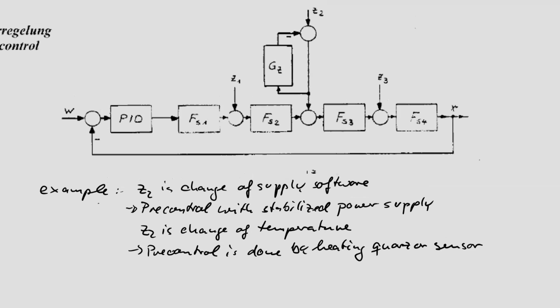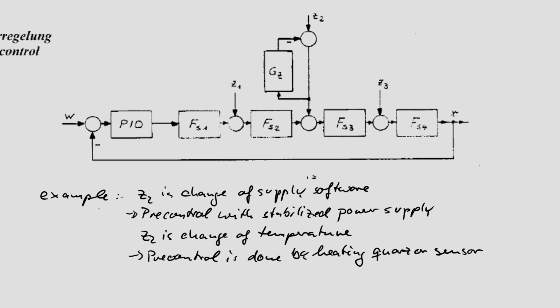Sometimes this doesn't work. Think about the following situation. If this is a speed control, say a hand drilling machine, that is the output of the tachometer sensor, the speed is controlled to a desired value. The main disturbance of a speed control is the load, the torque of the motor. Z2 is the torque.